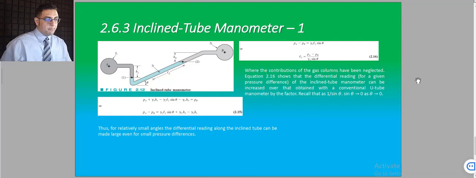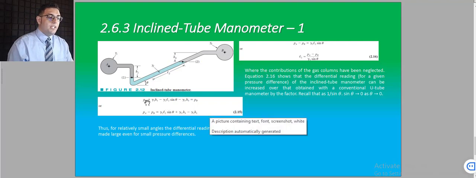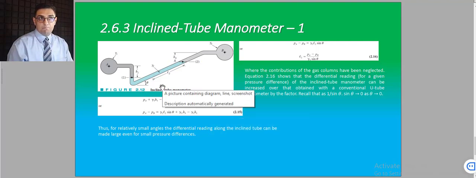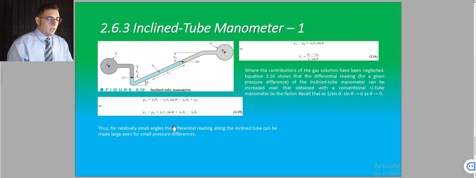Welcome back, guys. There is another specific type of U-tube manometer with two closed ends, which is inclined. It is very much used in utilities, industries, and so on. So let me verify the whole equation, and I'll give you the illustration of the whole concept.